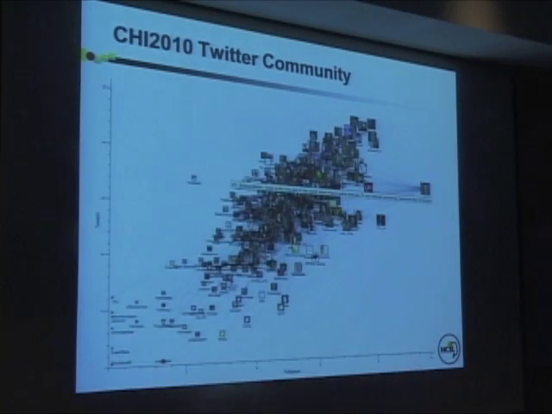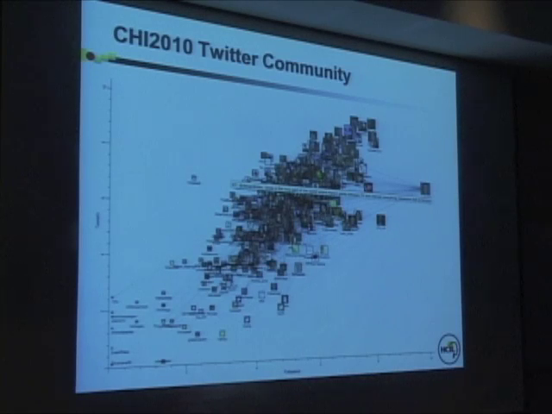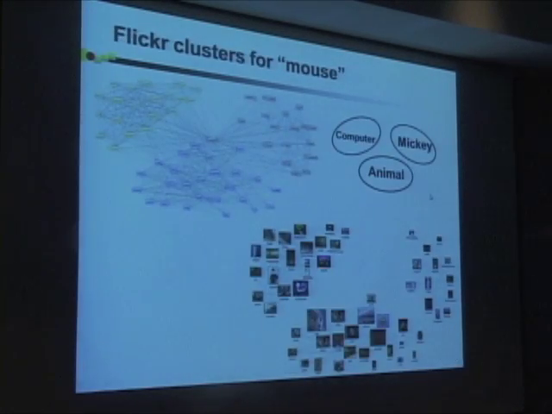Okay? Another way of looking at it was the Chi conference of 2010, which we plotted here. Instead of the network relationship, we laid them out by the number of followers on the x-axis logarithmically and the number of tweets on the y-axis. And you see a distinct outlier over here, Zephoria. Anybody know Zephoria? It's a woman named Dana Boyd.